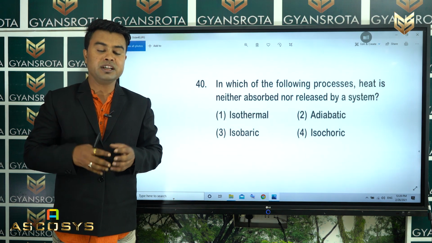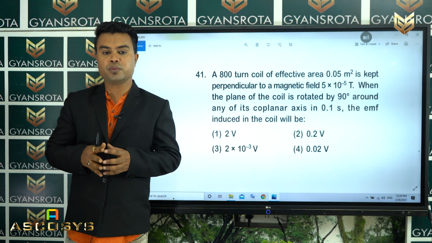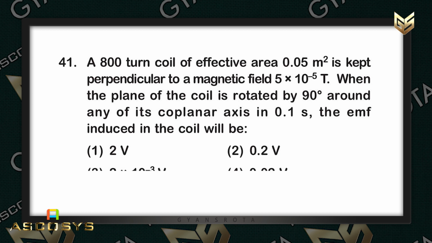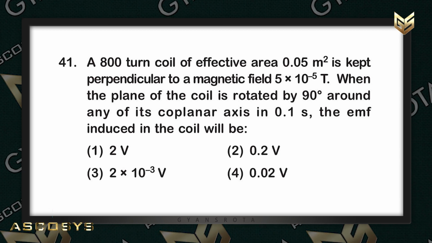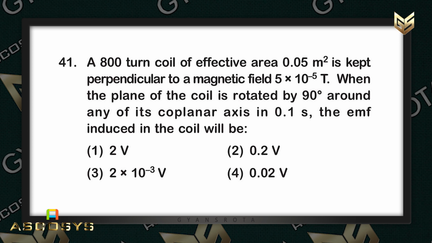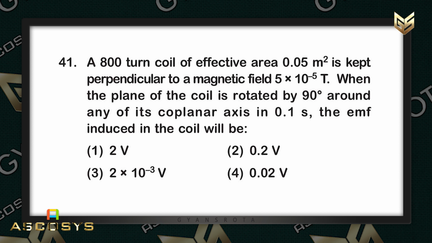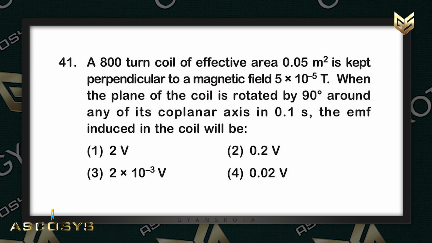Now let us move to the next question, that is question number 41. Question number 41 says that a 800 turn coil of effective area 0.05 meter square is kept perpendicular to the magnetic field. Perpendicular, remember the word perpendicular means theta equals to 90 degree. Magnetic field 5 into 10 to the power minus 5 Tesla.